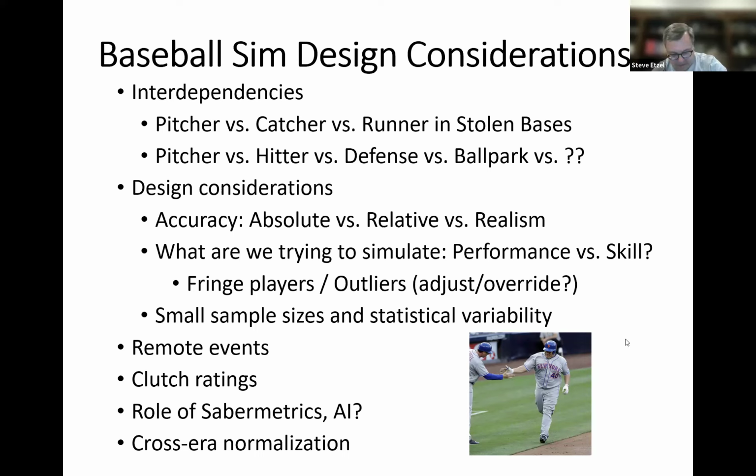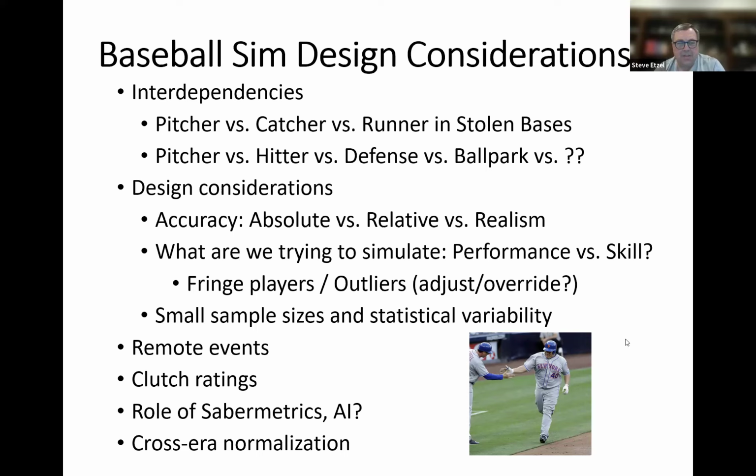So if we have time, I'll touch on just a couple more things. And I've done a video on this, but there's all kinds of interesting design considerations when you're doing a sim, and some of them relate to interdependencies, and I'll talk about that on the next slide. We already talked about accuracy.